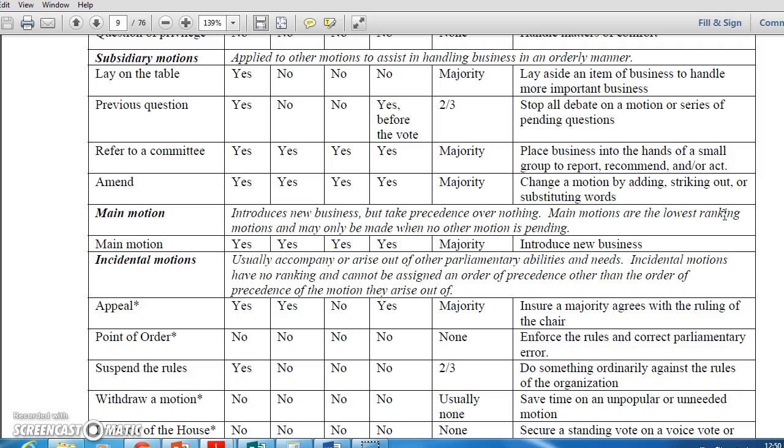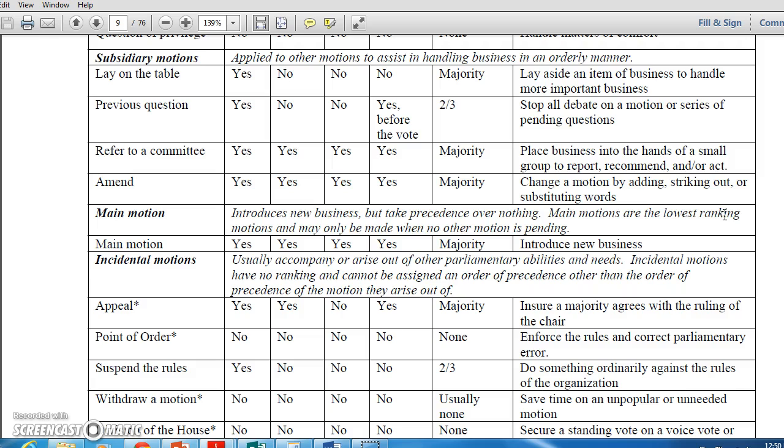Previous question changes the way in which we handle that motion, because if passed, previous question will stop members from being allowed to debate that motion. That motion does require a 2/3 vote, and the reason that it takes a 2/3 vote is because it's taking away the rights of the members to be able to discuss the motion.